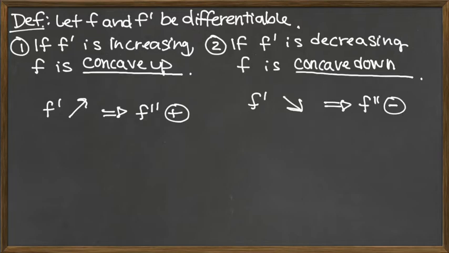And so to see what concave up and concave down actually look like, we want to observe what it would mean for derivatives to be getting bigger or smaller. And so we say that derivatives are getting bigger here if the slopes are getting bigger. So the slopes of a function would be getting bigger if the function looks something like this.